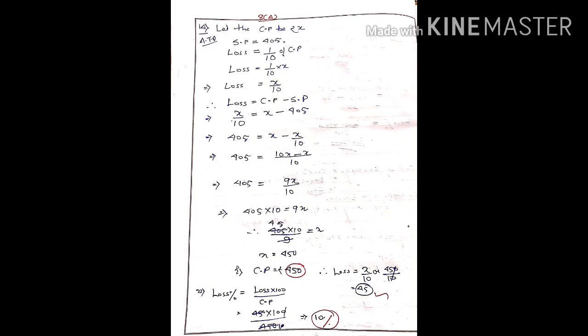Now we are finding loss percent. Loss into 100 by cost price, 45 rupees into 100 by 450. 10% is our required answer. Those who have not understood, see this solution from the beginning. This question is very important for your concept.